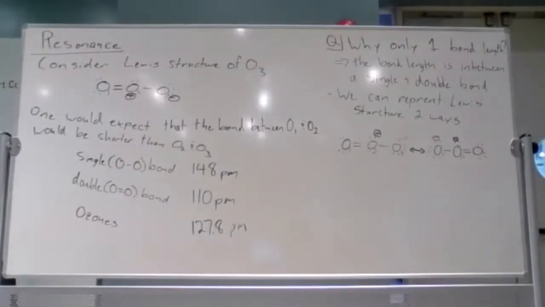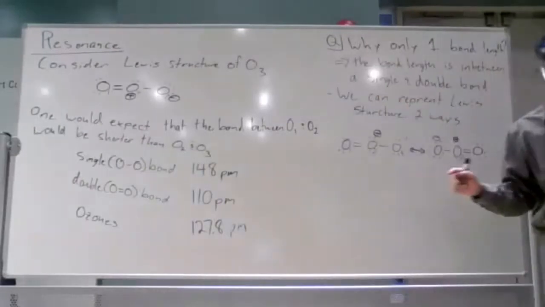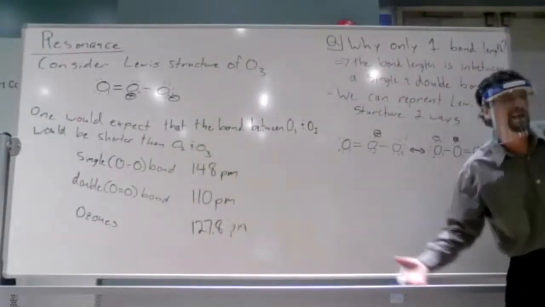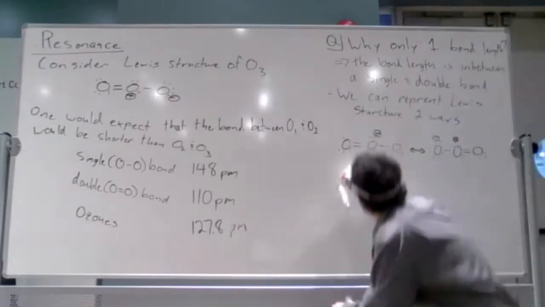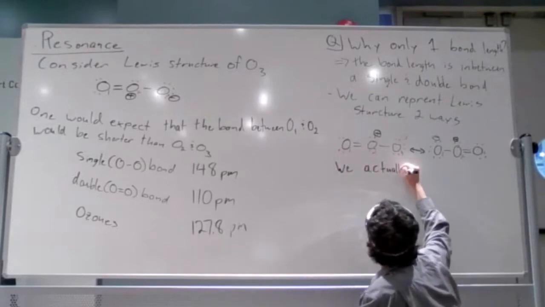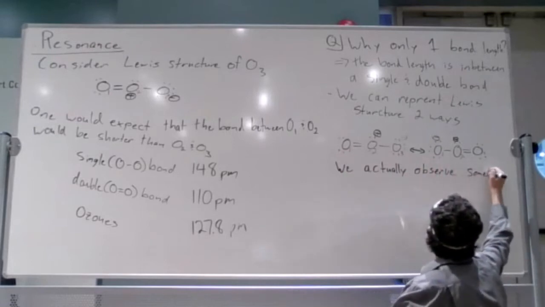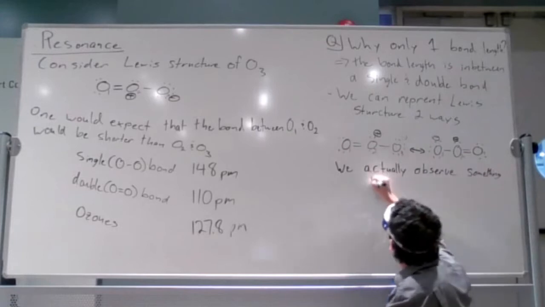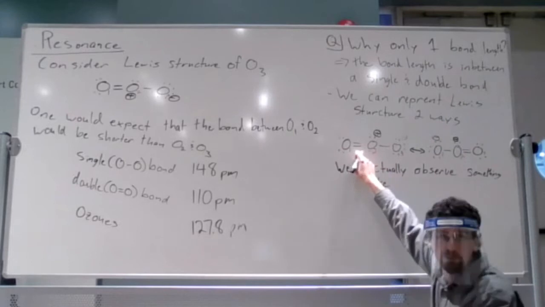Now, what would actually be a better way to represent this? Like we said, both of these Lewis structures are both kind of right, they're both kind of wrong. How would you represent this a bit better? So we actually observe something like, do we want a double bond between 1 and 2?